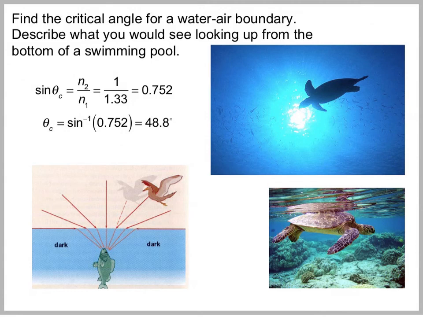Or here in the ocean, looking up, we see this ring that we can see out. We can see the sun up there, and we can see the atmosphere. But off to the side here, we can no longer see out. This is why when, say, a bird is hunting for fish, it's going to come in at a steep angle where the fish can't see the bird until it's too late.